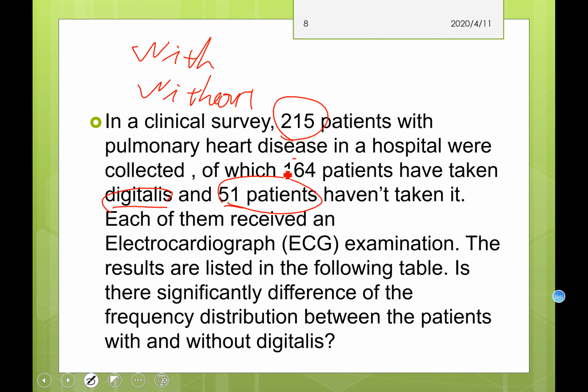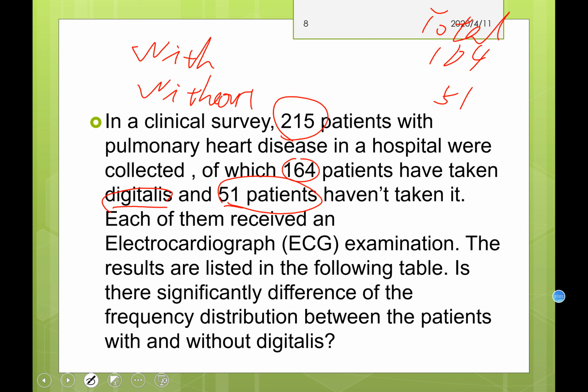And we can find that the total patients for the with group is 164, and the total for the without group is 51. So we have already known the totals.